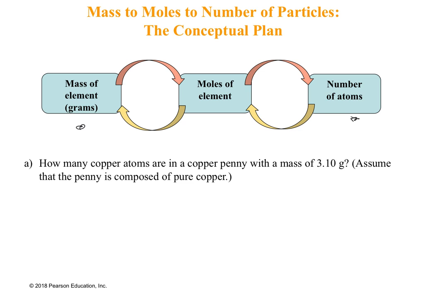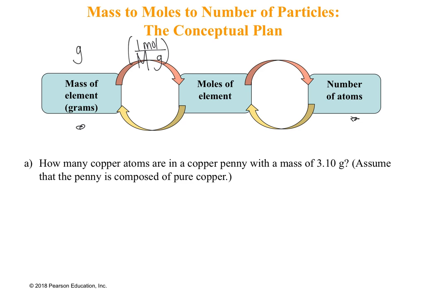So if I'm in grams here and I want to go to moles, then I'm going to take my grams. I'm going to want to divide by the molar mass, right? Because I want grams on the bottom, 1 mole up top. So that number, molar mass, big M, I'm going to be dividing by.